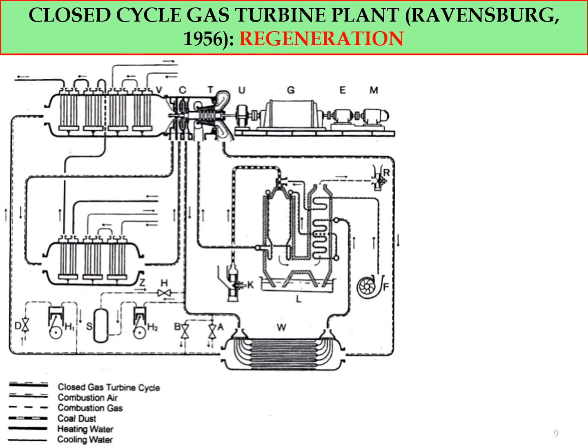Closed cycle gas turbine plant, Ravensburg 1956, regeneration. So this is the complete diagram of the gas turbine plant with regeneration, and this is all the equipment in the diagram.